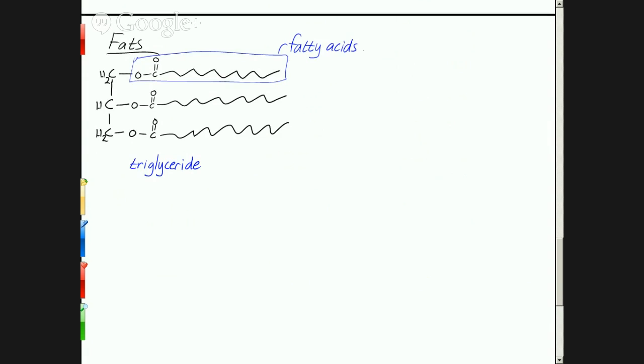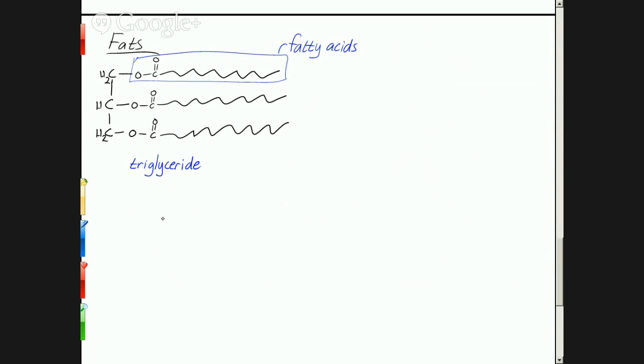So this would be a, let me see if I can find a picture. Oh, I'll have to look at it next time. So this would be a saturated fat. An unsaturated fat has a very different shape.